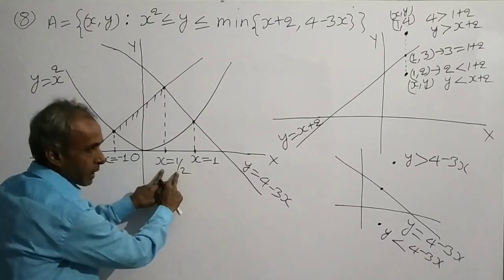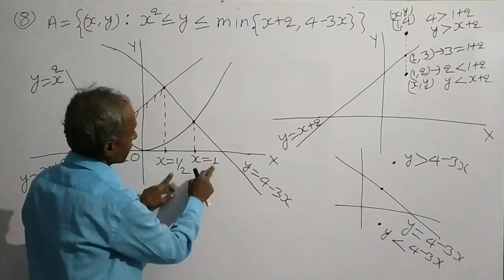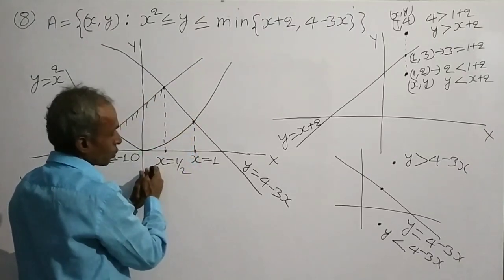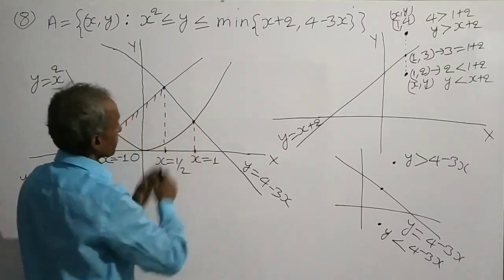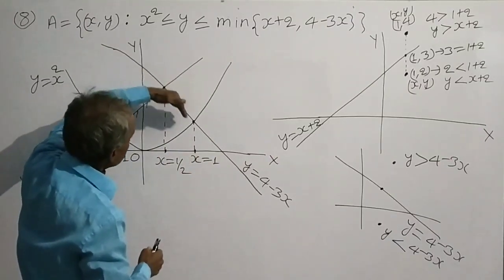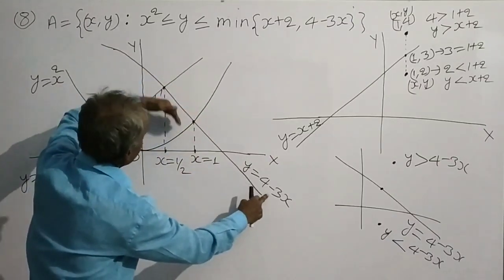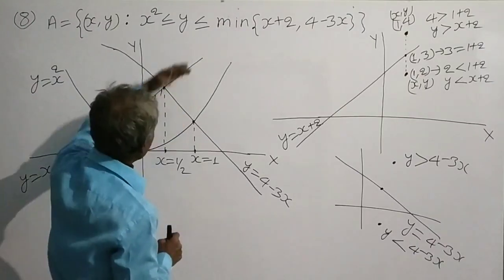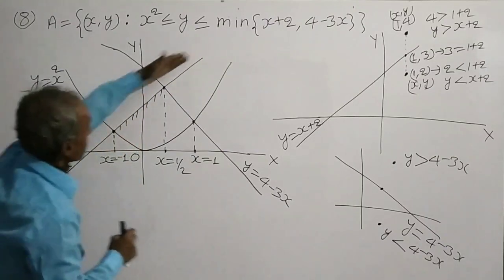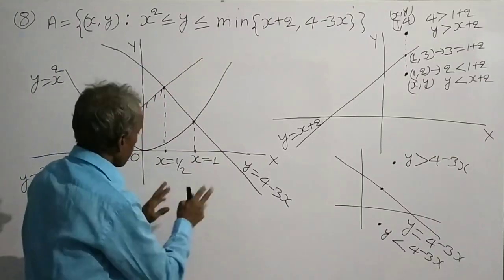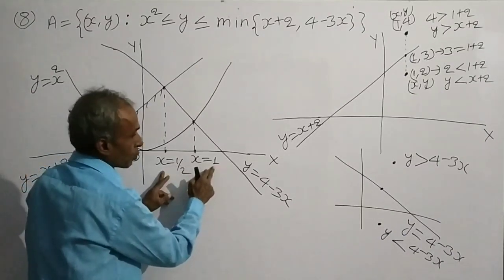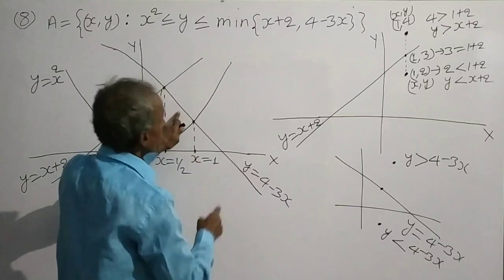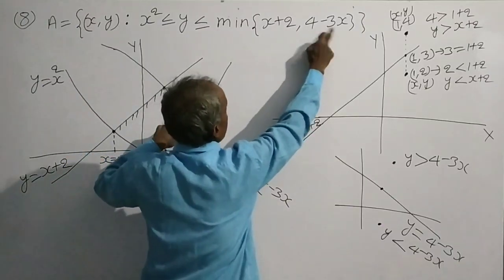From x coordinate 1 by 2 to x coordinate 1, from this point to this point, the height from this line is smaller than the height from this straight line. Therefore, from x coordinate 1 by 2 to x coordinate 1, the minimum height is obtained from 4 minus 3x.